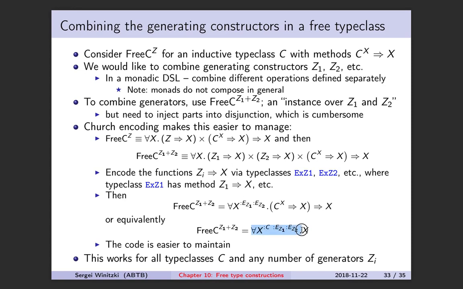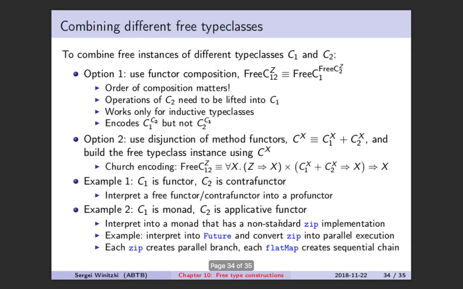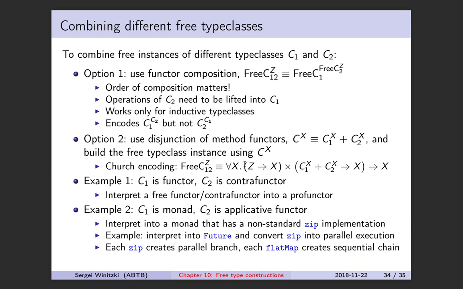And so the church encoding automatically gives you a way of having a free type class instance for any combination of type classes and any combination of generators. It's a very powerful mechanism.